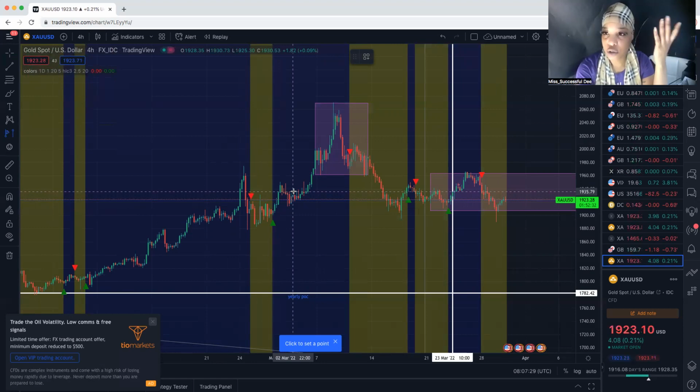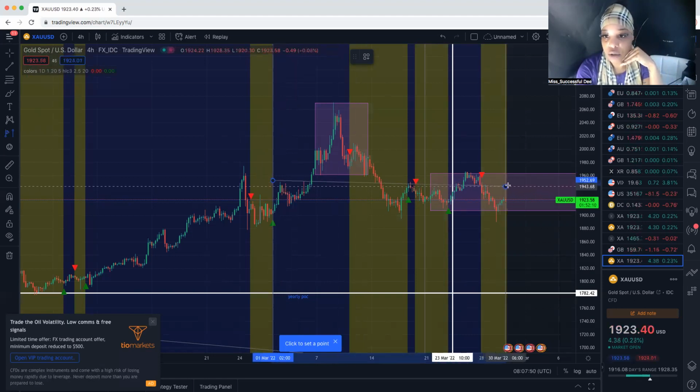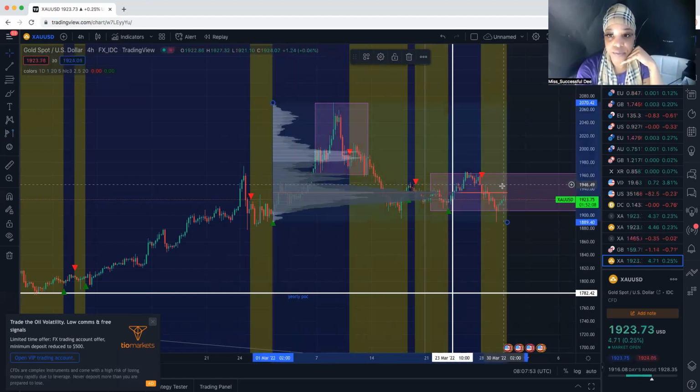So I'm going to show you guys the point of control for the month, just to show you where the market has been resetting itself basically to take its buyers and where it's going to offload and take its sells. So guys, for the month period, if we go back to the 1st of March, which was here, and we take it to today, we will see that our point of control is still the same.